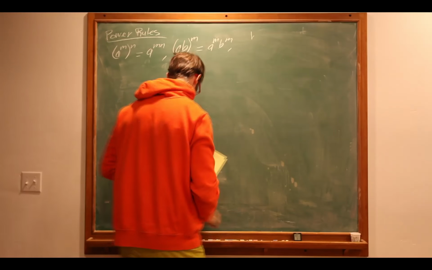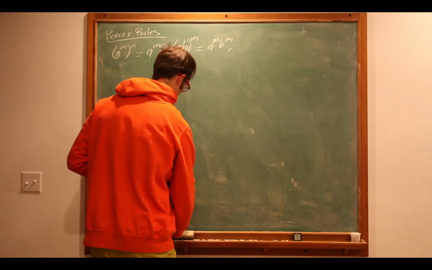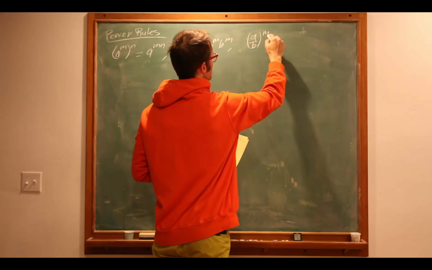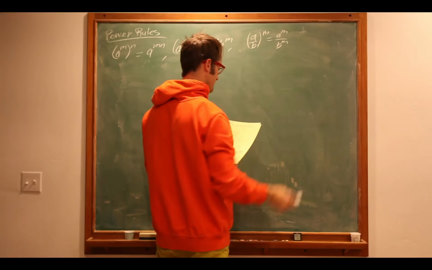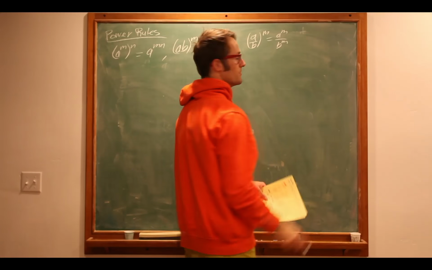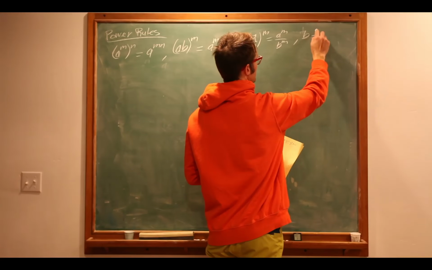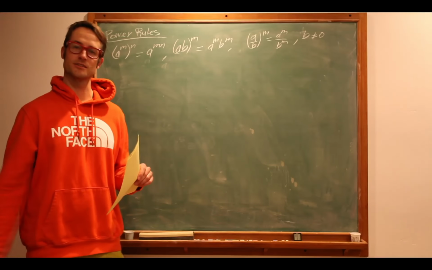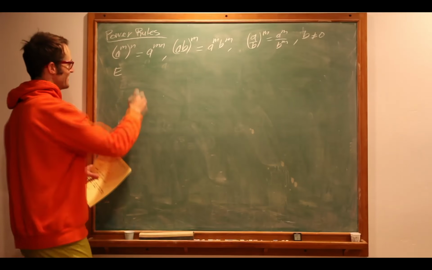When you're dealing with a quotient, it's a over b raised to the m equals a to the m over b to the m. And we have to remember one thing too: this is always when b is not equal to 0, because that would be dividing by 0, which would be undefined.